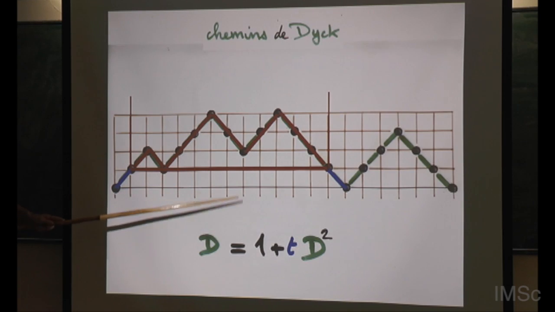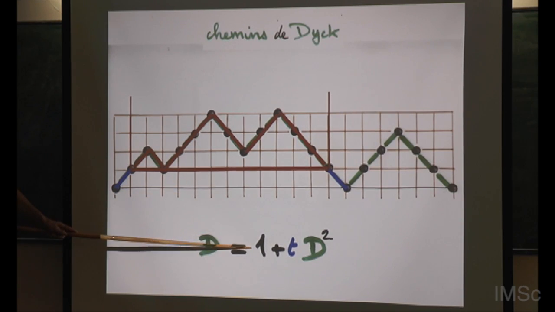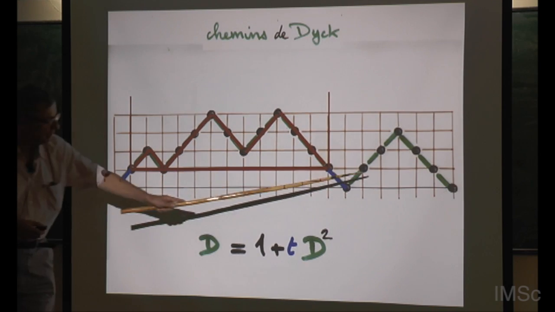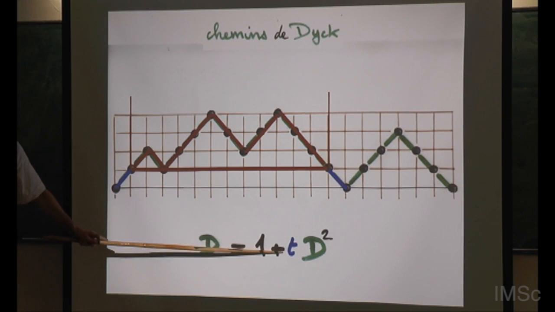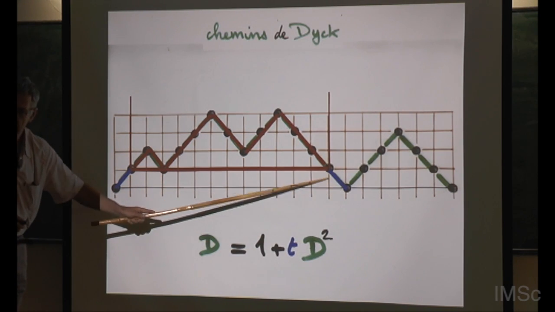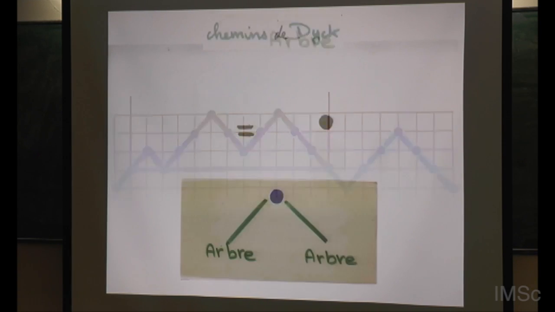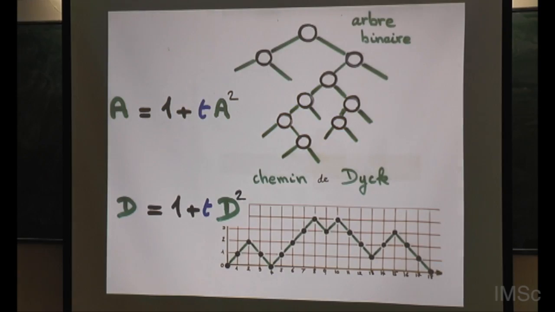So what you have is that a Dyck path is an empty Dyck path, or maybe it's decomposed into a pair of 2 Dyck paths, and t, the variable t, for this down step. And you remember the tree? The tree and the Dyck path have exactly the same equation. So the number of Dyck paths of length 2n must be exactly the Catalan number.